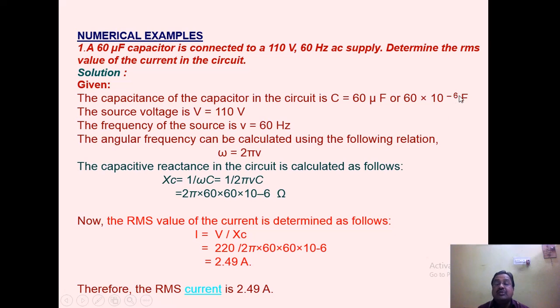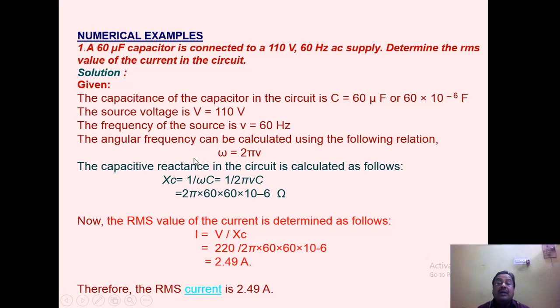So it is 60 into 10 to the power minus 6 farad, and the voltage of the source V is 110 volt. The frequency of the alternating source nu is 60 hertz. So the angular frequency omega should be 2 pi nu. Pi should be substituted as 3.14, nu is 60, and one can calculate omega.